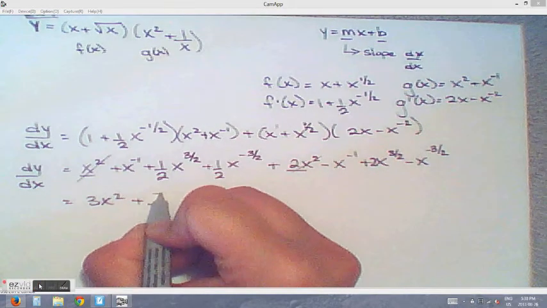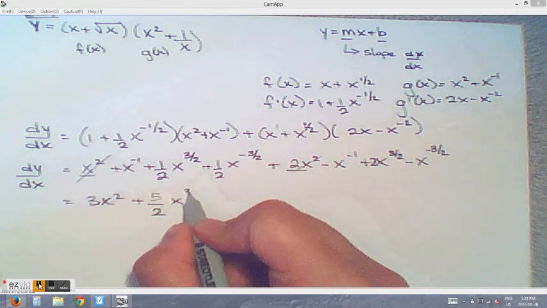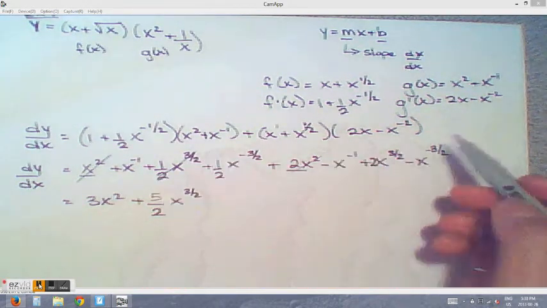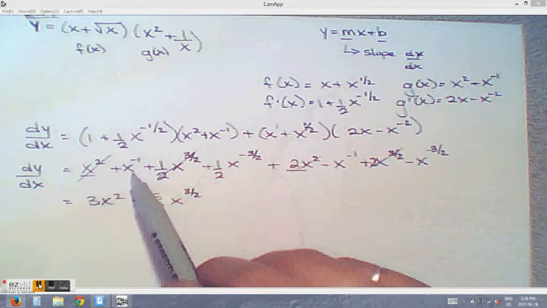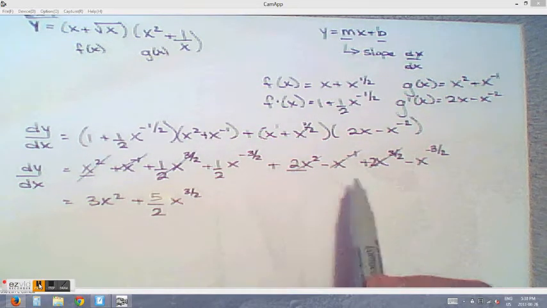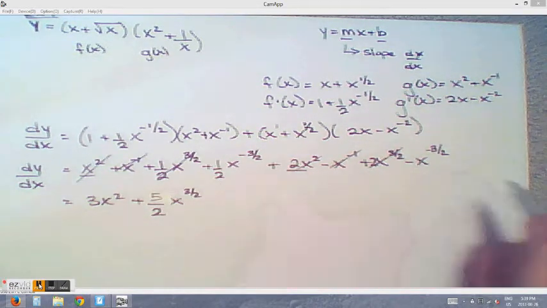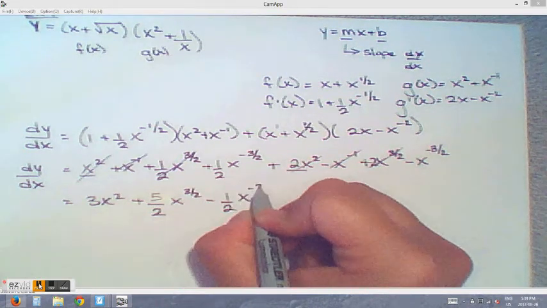My mistake, it should be 5/2 x to the exponent 3/2. Then we can do the negative. These two will cancel each other out, and then we're left with negative 1/2 x to the negative 3/2.